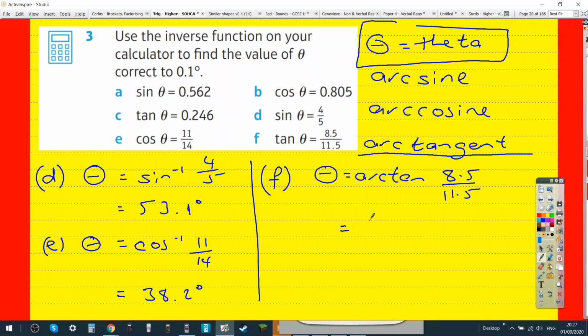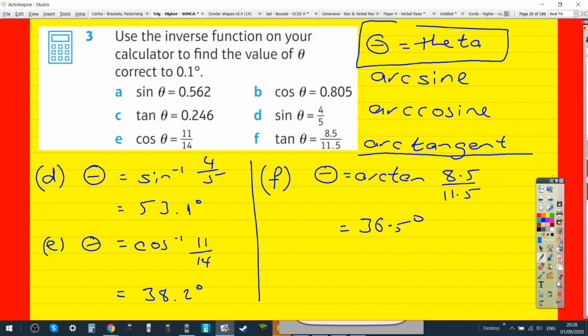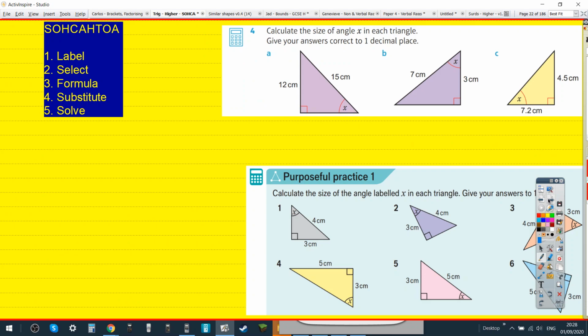And that would be 36.5 degrees. And do I have the answers? 36.5 degrees for that one. Yes, great. Any questions there? No. Okay, this is going well.